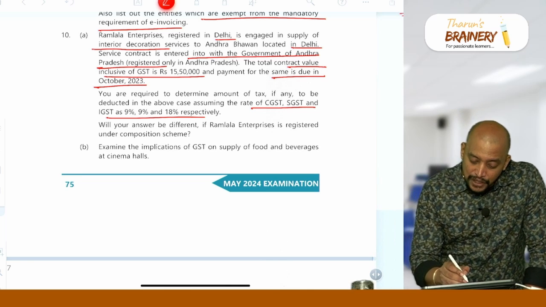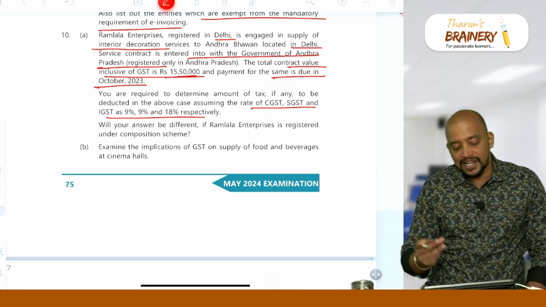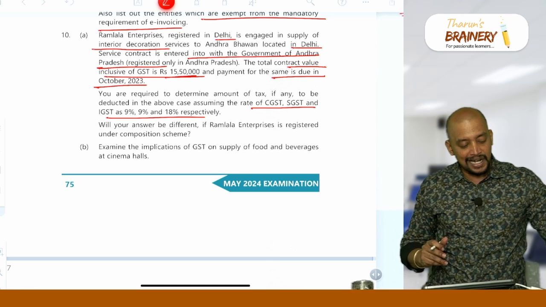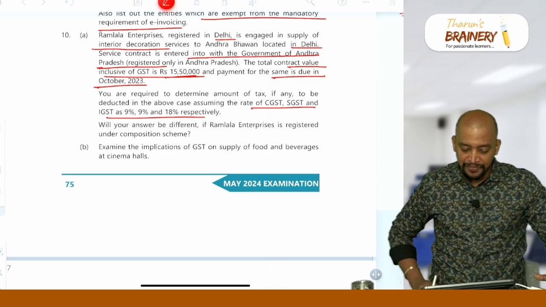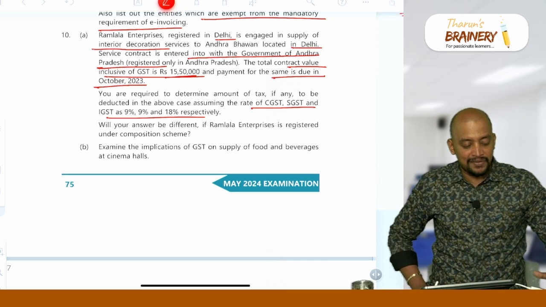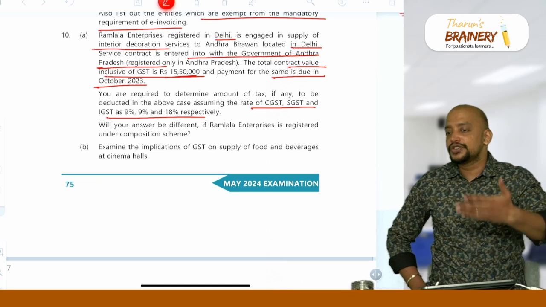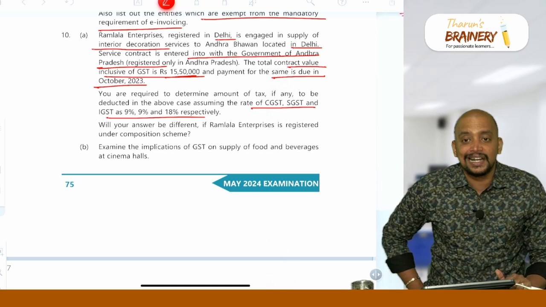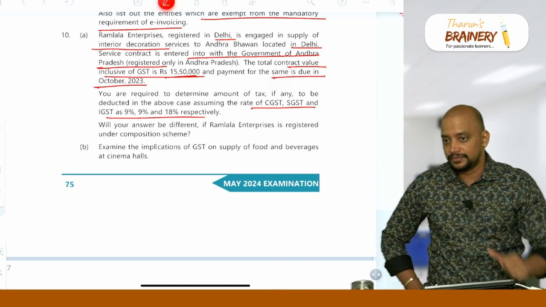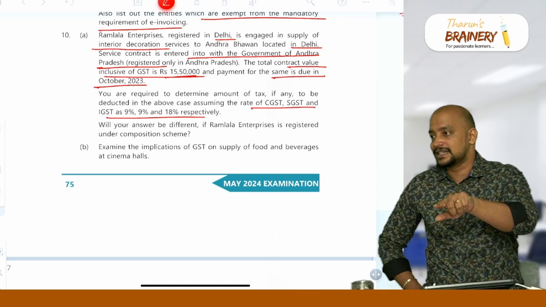What is the contract value including GST? 15,50,000. Take out the GST, 15,50,000 into 100 divided by 118. Why 100 divided by 118? Inclusive of GST. So that will be somewhere 13,13,000, which is more than 2,50,000. Correct. Another condition is there.